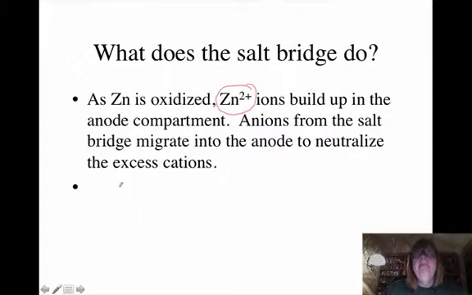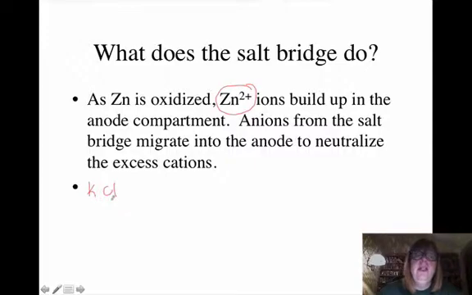So, salt bridges that I've made before have been just filter paper that have been soaked in a solution of, say, potassium chloride. And so here, the chloride ions, the anion, the negative charge, would be migrating into the anode compartment to neutralize that buildup of positive charge.